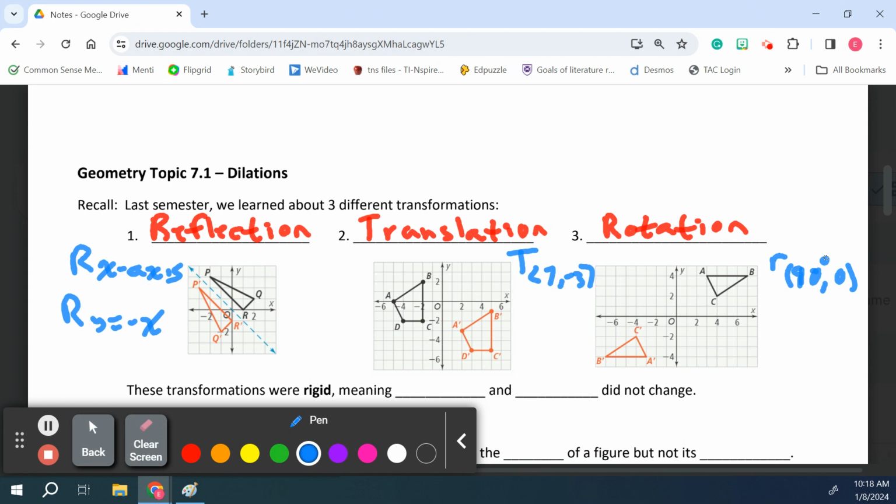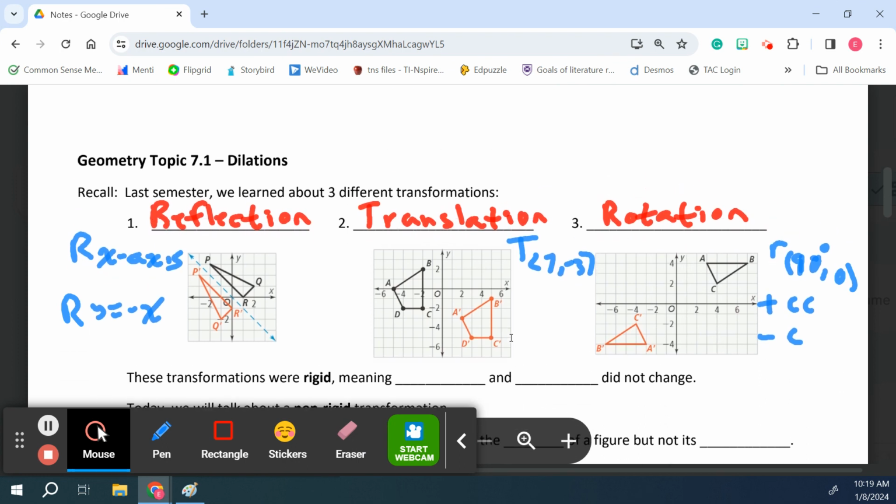You're saying it's clockwise? Close. It's actually counterclockwise. Remember, positive is counterclockwise, negative is clockwise in this case. All right, so just a refresher there.